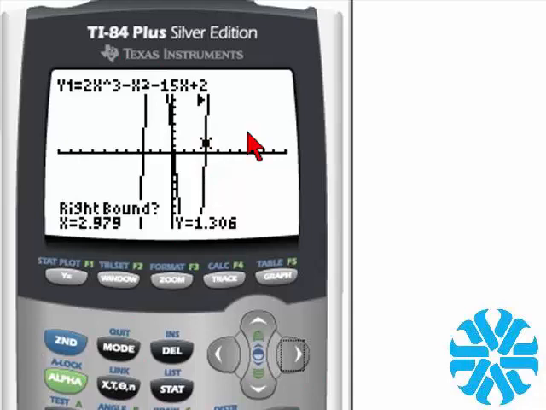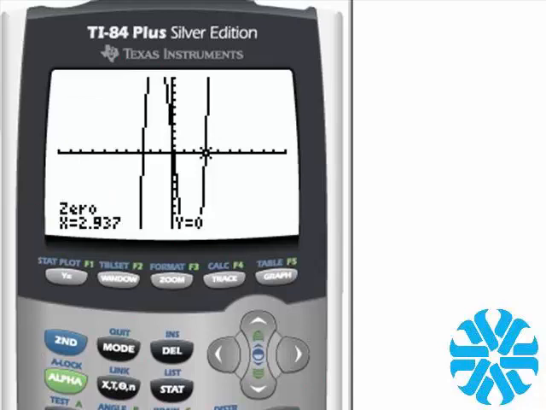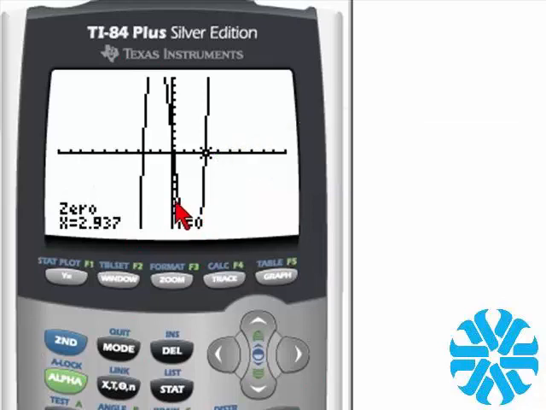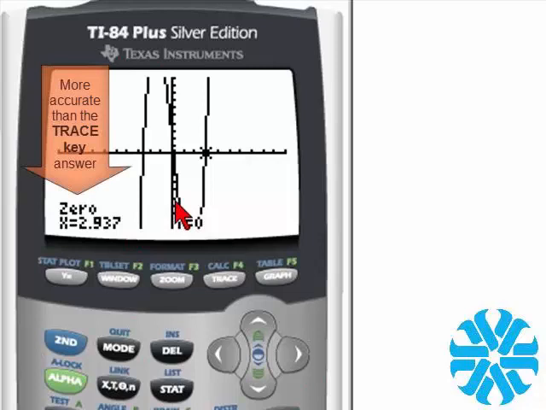There's a sign change, so we can select enter, and then for guess we just select enter, and there we have it. The 0 is 2.937, and you can see that's for y being equal to 0. Alright? And recall from the trace key video that the estimated root is shown to the right.